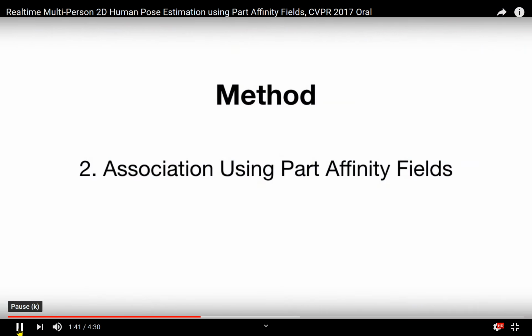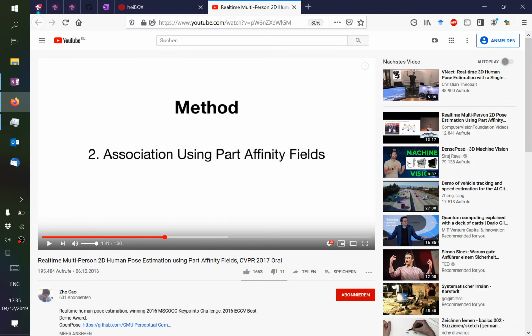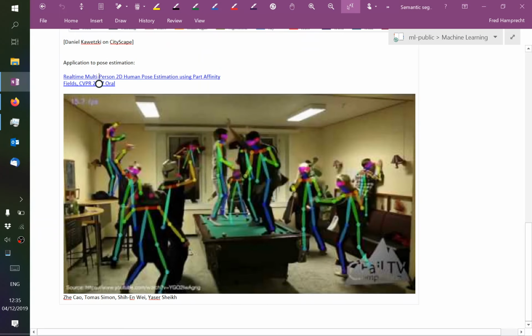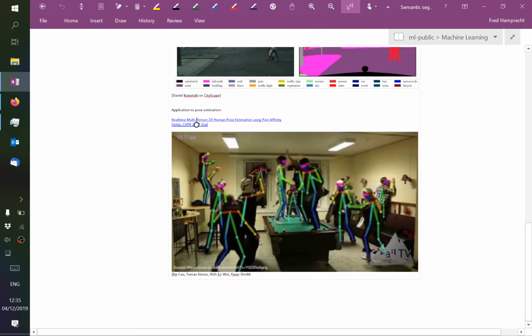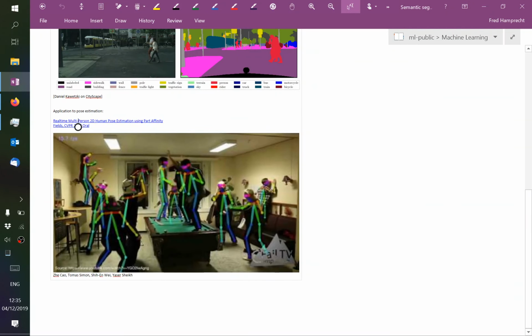So a greedy procedure will collect the parts that cumulatively make up the pose. All right, and this was not precisely done with a UNet, but there's something called a stacked hourglass network in there, which is pretty similar to UNet, in fact.